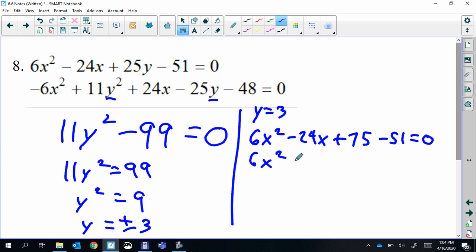Combine like terms. And that's 24. So 6 goes in evenly to all of these numbers, so let's divide everything by 6.